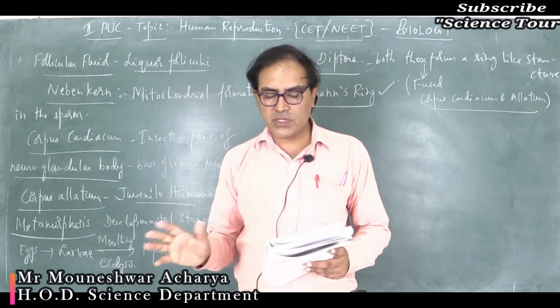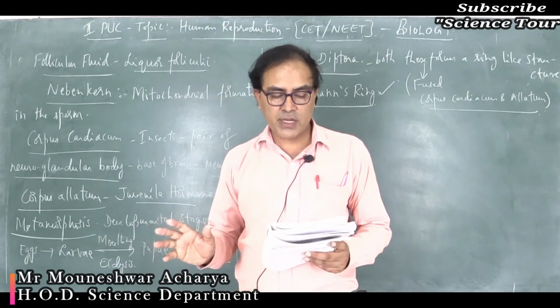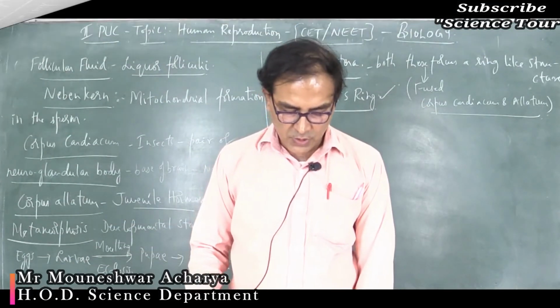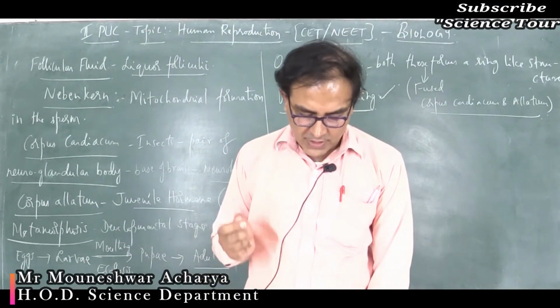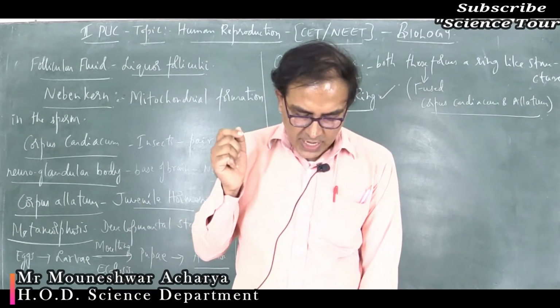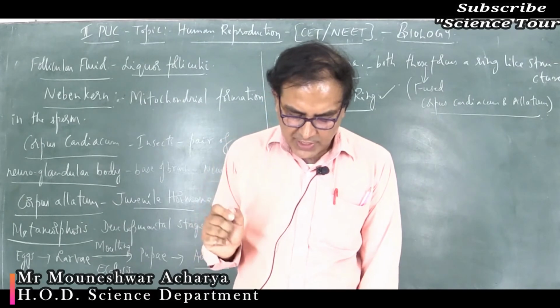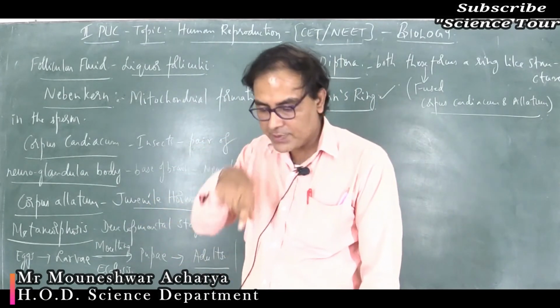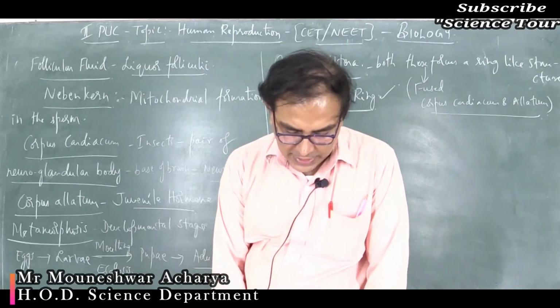Not oxytocin. Oxytocin is secreted by the posterior pituitary gland. Okay. So the right answer for question number 49 is option B, that is anterior pituitary gland and stimulates the secretion of LH and FSH, which helps in the development of gonads.